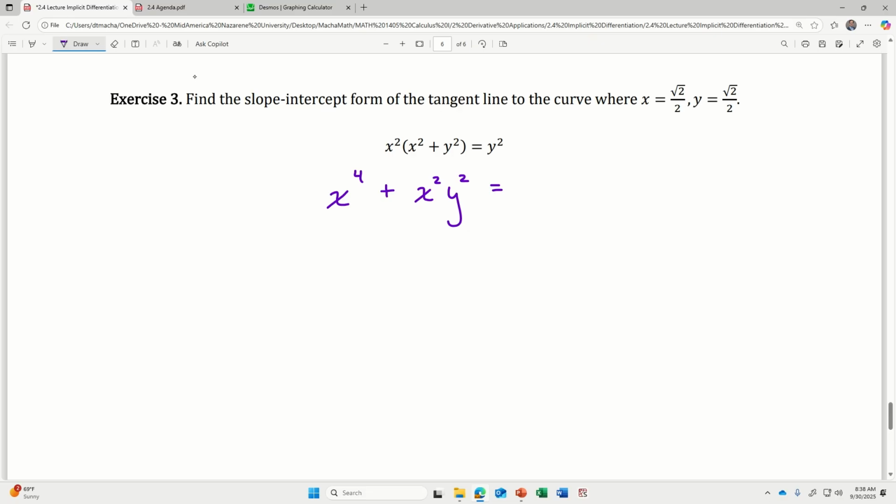This is a good problem, because now I need to take the derivative with respect to x of every term in this equation. And so what's the derivative of x to the 4th power? 4x cubed.